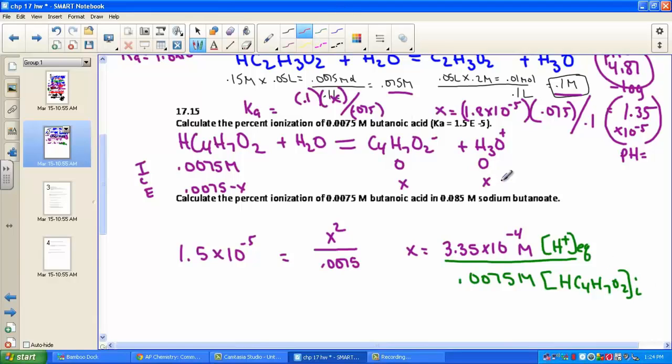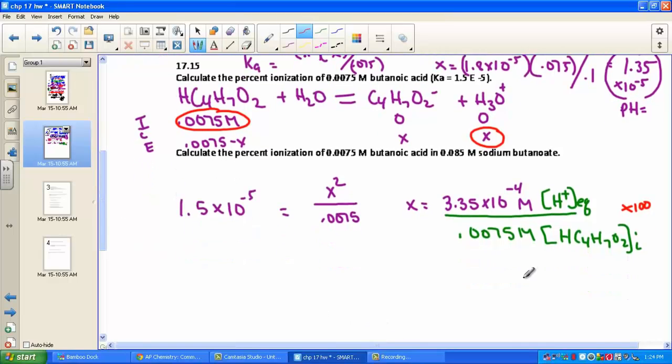Keep in mind, we're stressing here percent ionization, the hydrogen ion at equilibrium compared to the initial concentration of the acid expressed as a percent. Divided by 0.0075 times 100, 4.47%, which does indeed lie within the acceptable range of tossing out the X. And the other part has us consider the following.